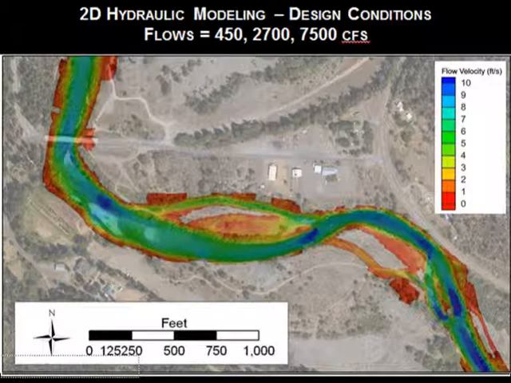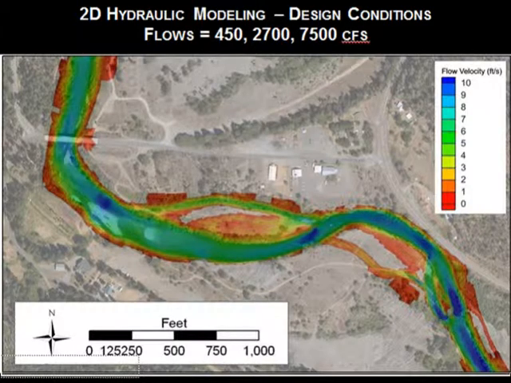This is an example at the Upper Junction City site of the design, looking at 450 CFS, 2,700 and 7,500. The one on the screen is 450 CFS. What I wanted to point out is that this split flow was designed with a log jam at the upstream end to bifurcate the flow into the left channel.